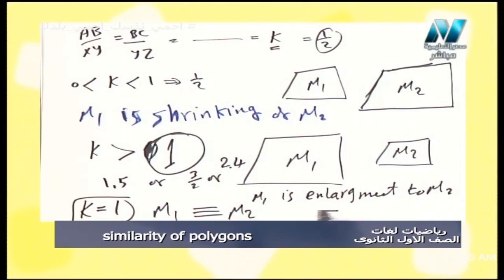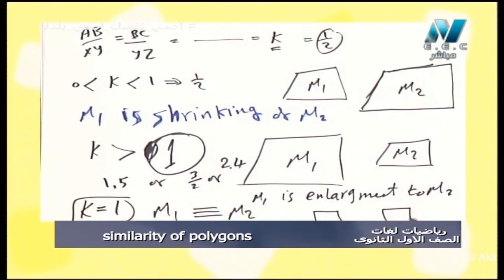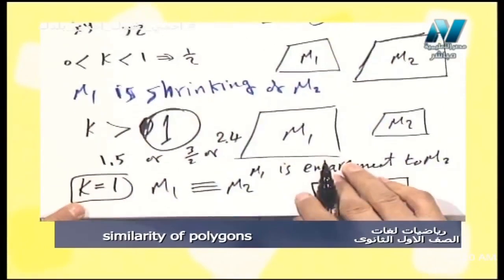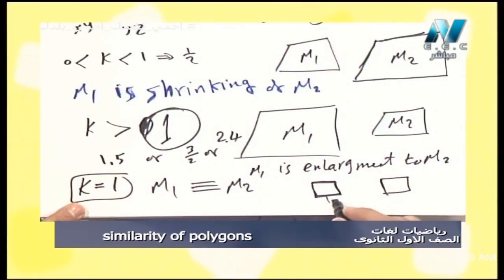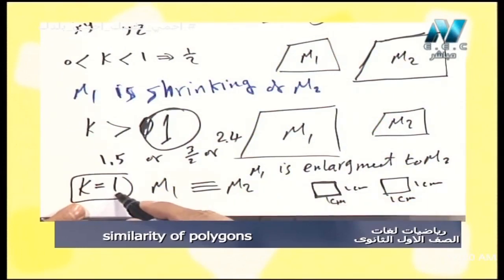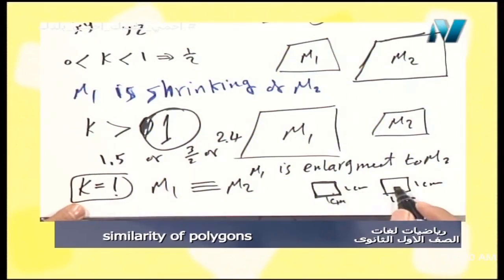Say if we have this square and this square, and each one of them has side 1 centimeter, as an example. So the ratio 1/1 equals 1. So K equals 1. So the two squares here are congruent.